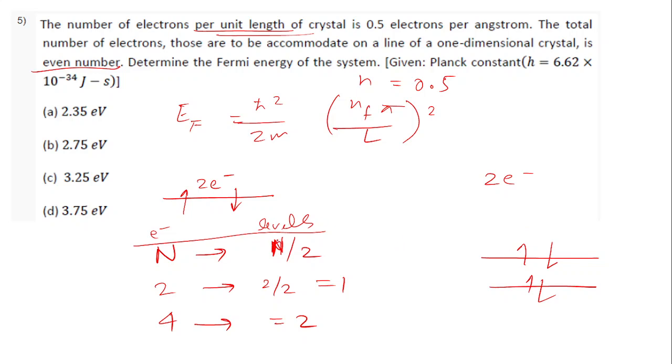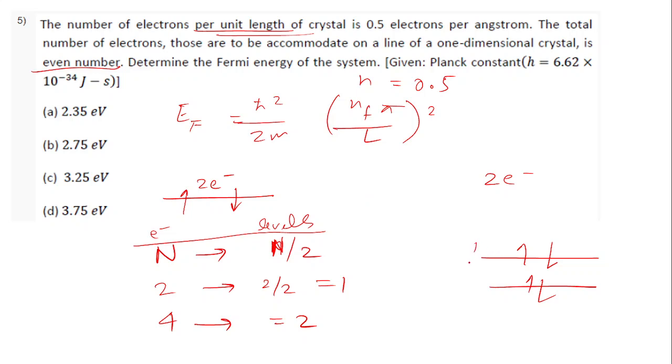That means if I have n number of electrons, then n by 2 levels will be occupied. So if n is the total number of electrons to accommodate on a line, because here we are talking about a line, then for an even number of electrons, the Fermi level will be n by 2, nf being the principal quantum number.